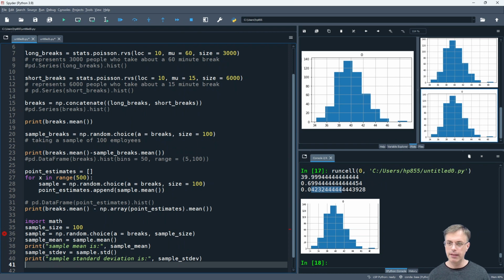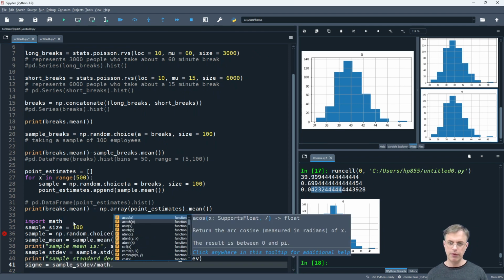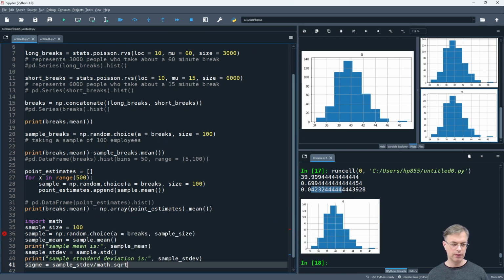Then let's check the sigma: sample standard deviation divided by math, and we remember, like square root, right? Sample size.